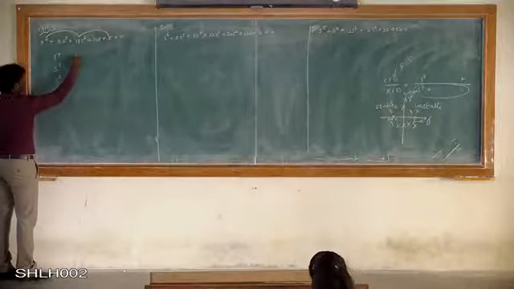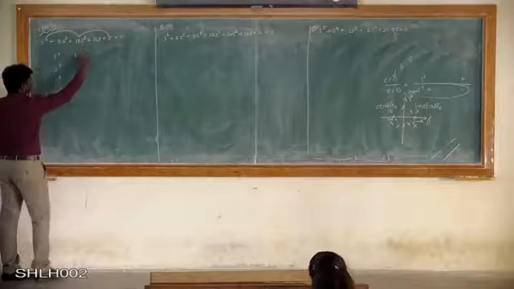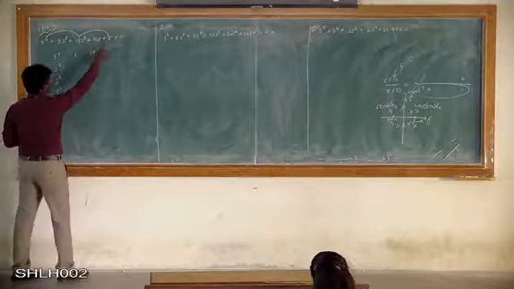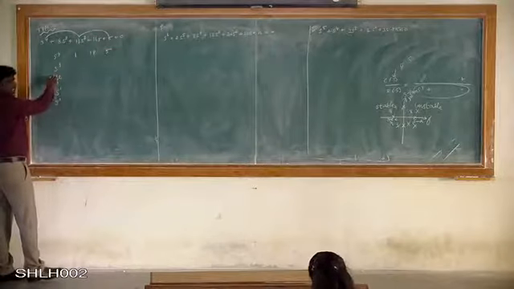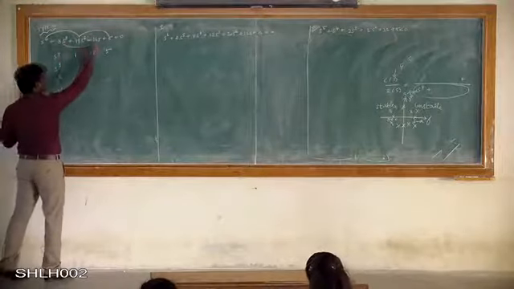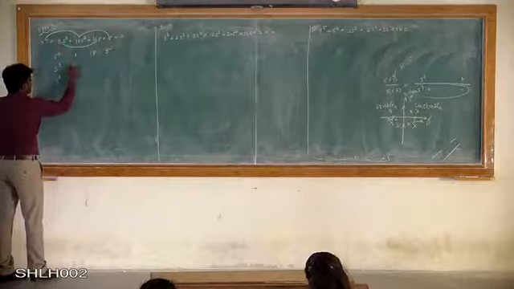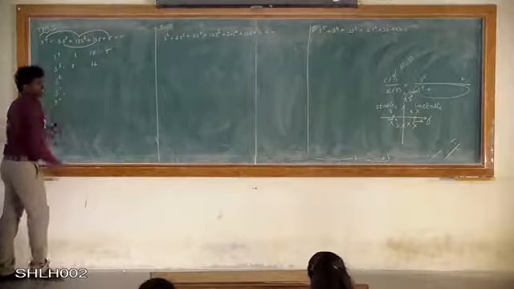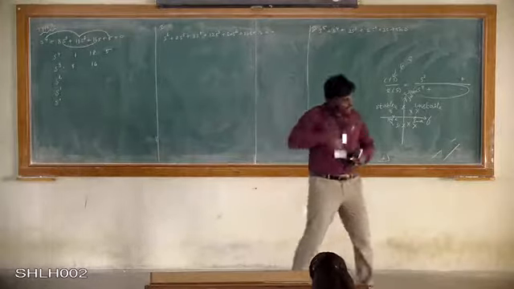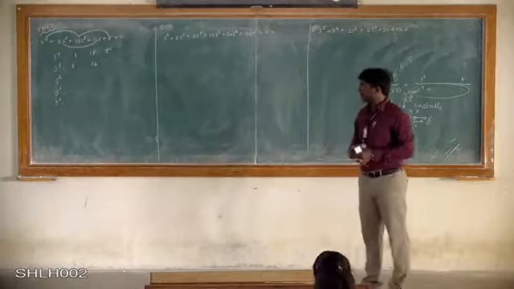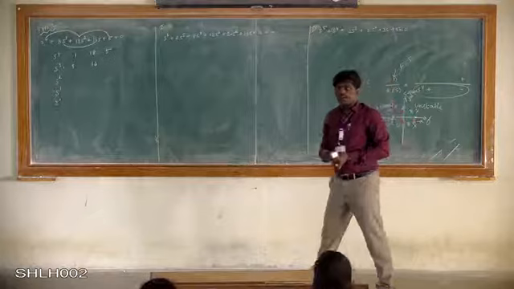So for the first one it is 1, for S squared it is 18, over here it is 5. For the S power 3 row, you will have to write these two, 8 and 16. Got it?